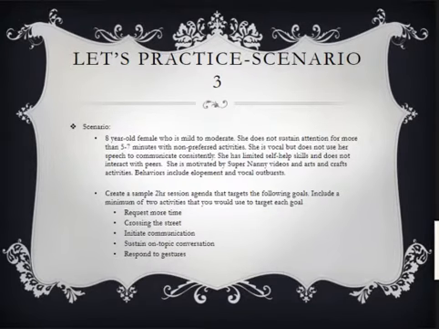Behaviors include elopement and vocal outbursts. You're going to create a sample 2-hour session agenda that includes the following goals and then 2 activities to target each goal. Requesting more time, crossing the street, initiating communication, sustaining on-topic conversation, and responding to gestures. Questions about any of the goals or targets?